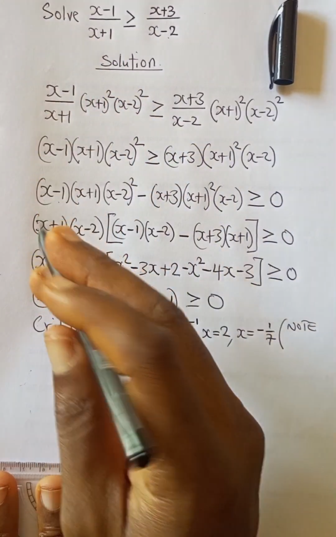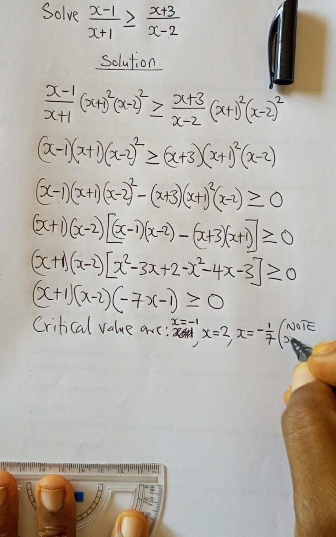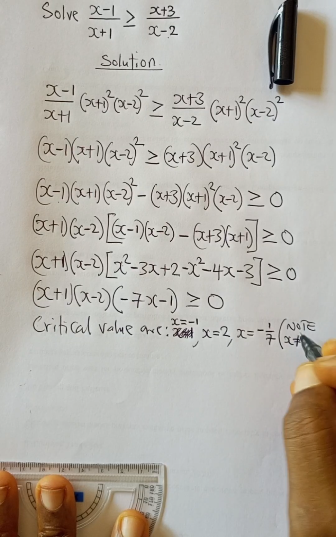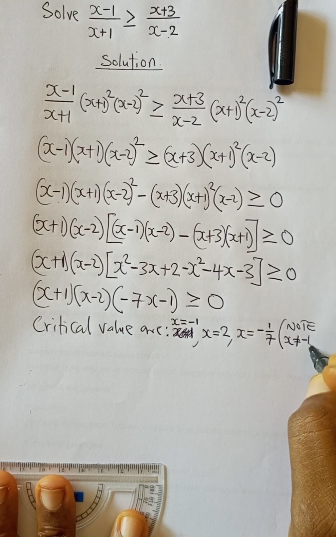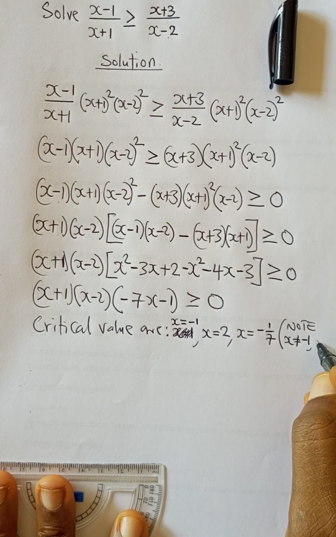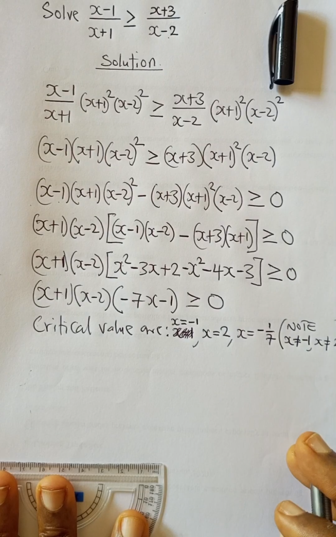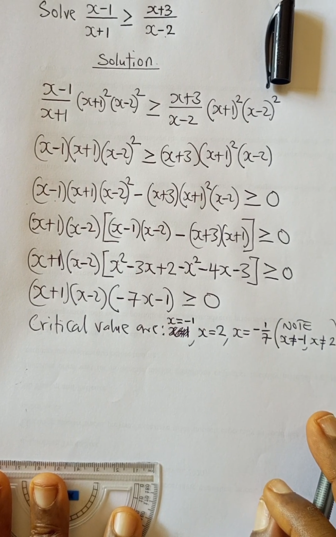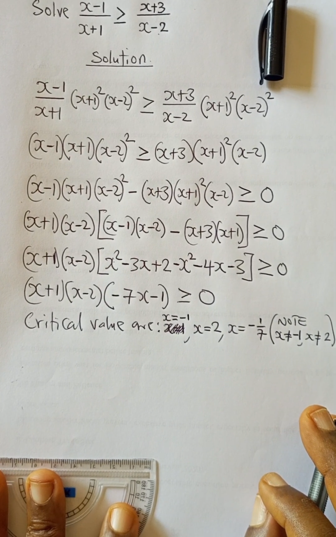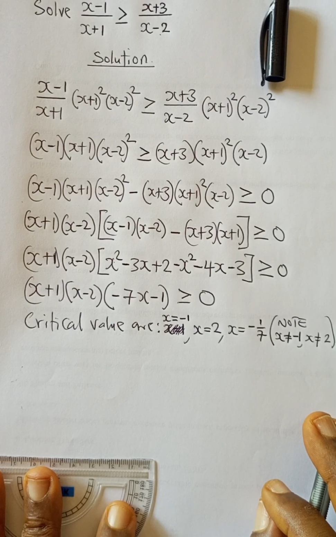That will make it undefined. So remember that s is not equal to minus 1, and s is not equal to 2. Take note of that, because that information will help you as well.